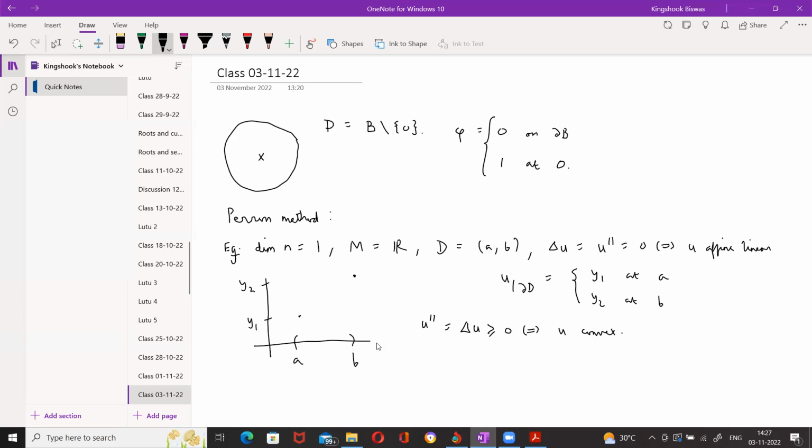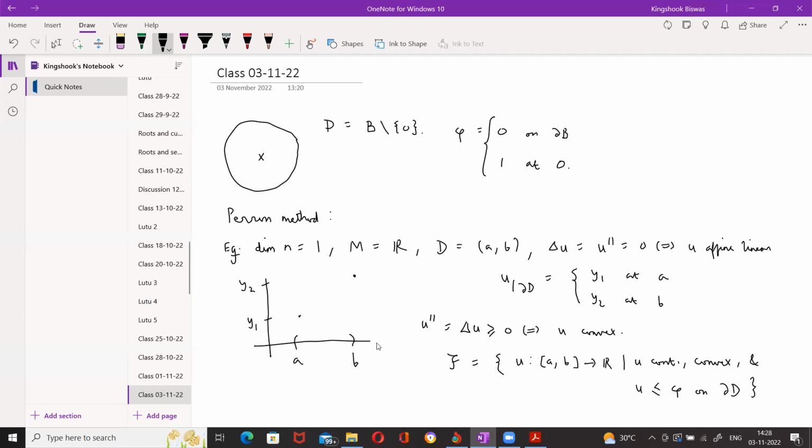So you look at the set F of all functions u on the interval AB to R such that U is continuous, convex, and U less than or equal to phi on boundary D.